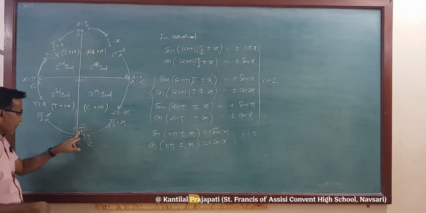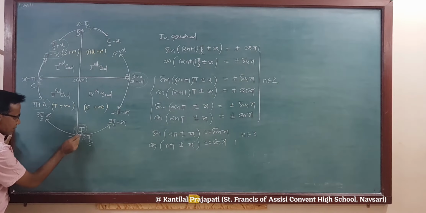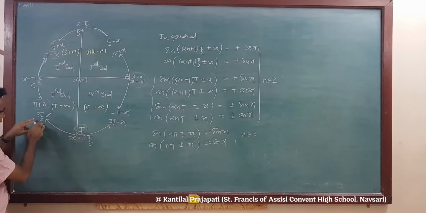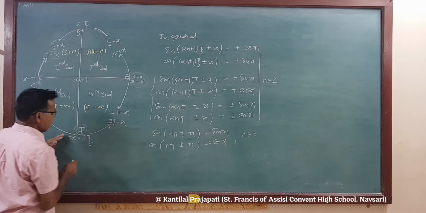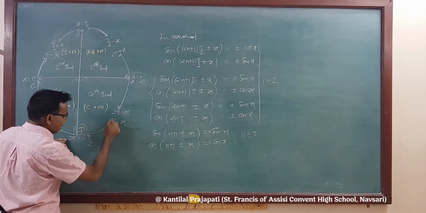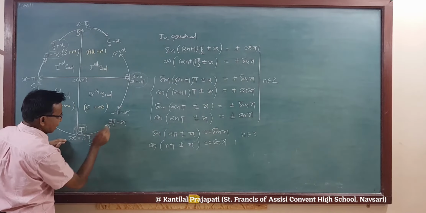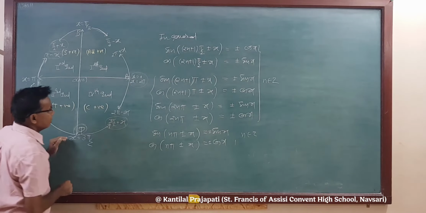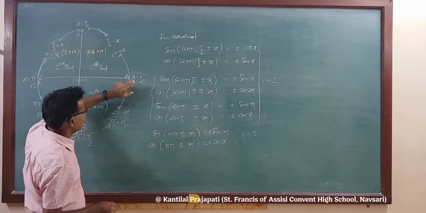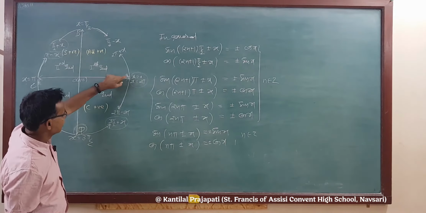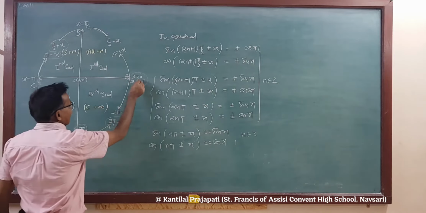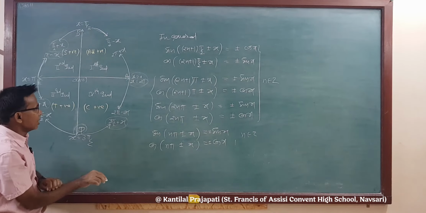Similarly, we move from point D, that is at x equal to 3π/2, in a clockwise direction, and you get 3π/2 minus x. Clockwise direction is negative. We move into the fourth quadrant in an anti-clockwise direction, from 3π/2 you get 3π/2 plus x. Now again we come to A, that is one complete revolution, right? One complete rotation is over here, and we get x equal to 2π after one complete rotation.